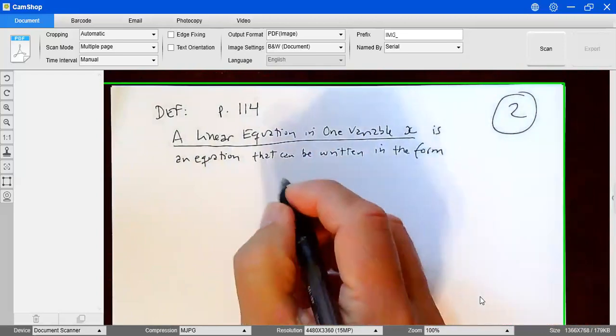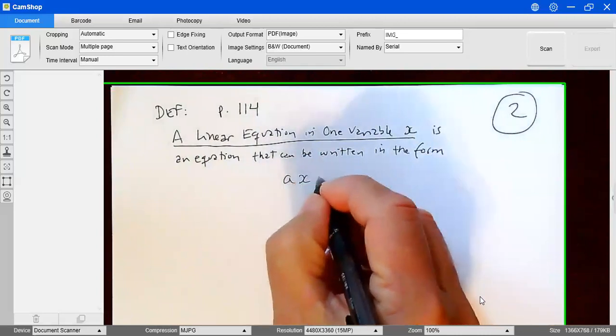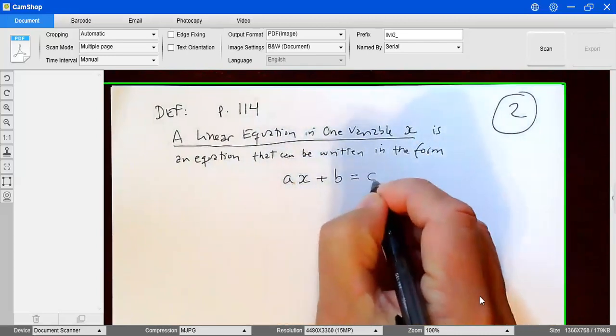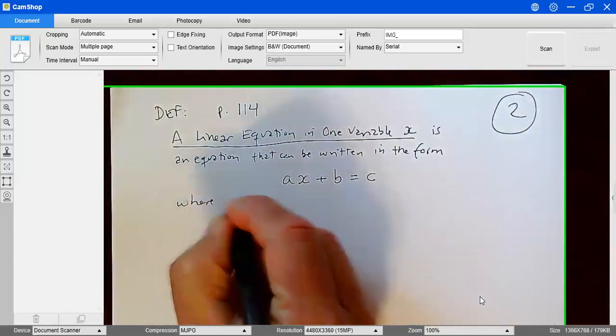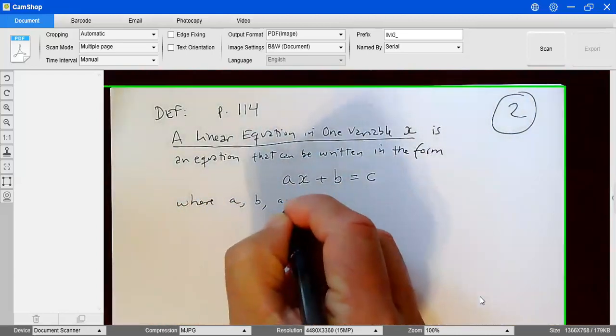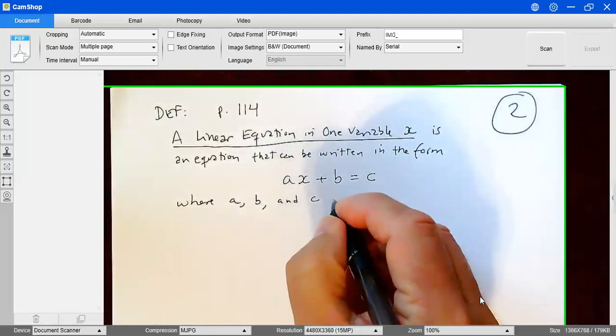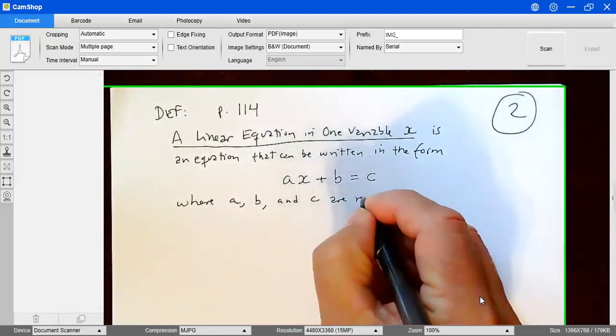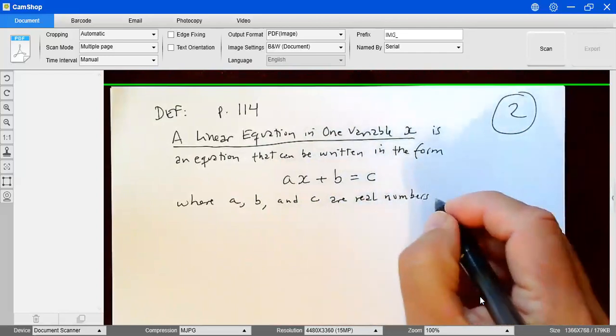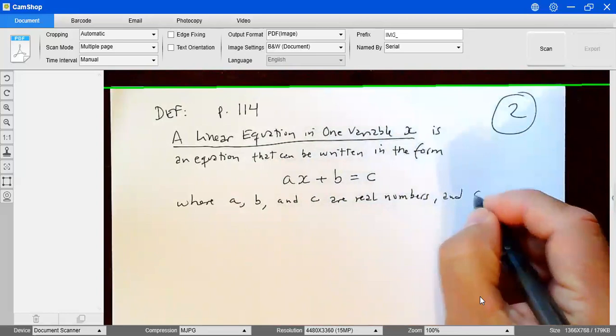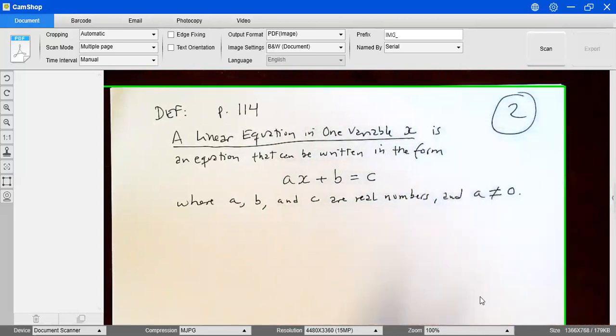ax plus b equals c, where a, b, and c are real numbers, and a is different than 0.